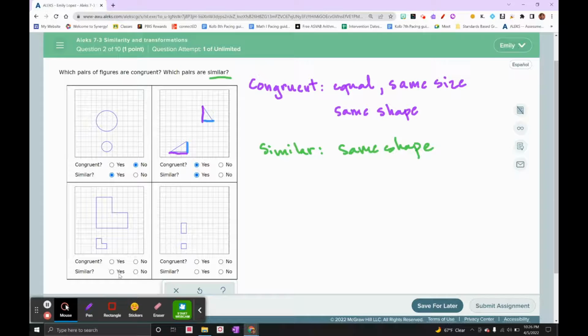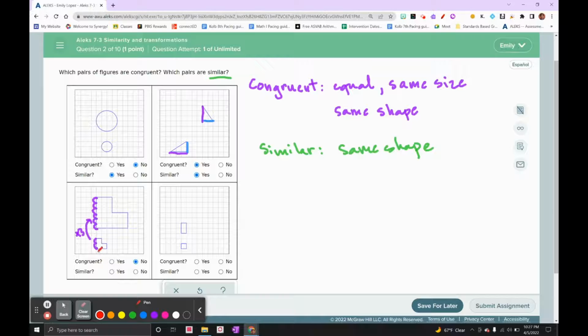How about this one? Are they congruent? The answer is no. They do not look exactly the same. Are they similar? So we check the ratio. This is 2 boxes, and it's increasing by 1, 2, 3, 4, 5, 6. So 2 to 6, which means you times 3, right? 2 times 3 is 6.